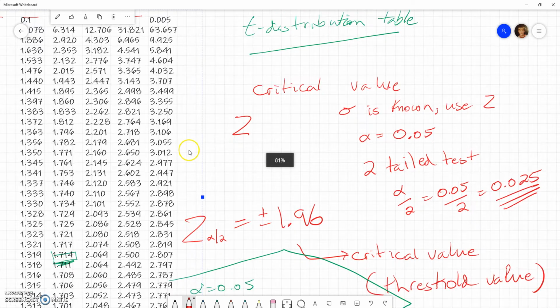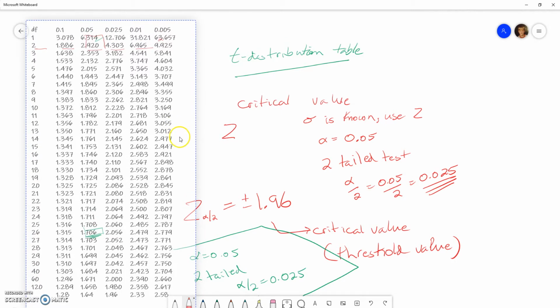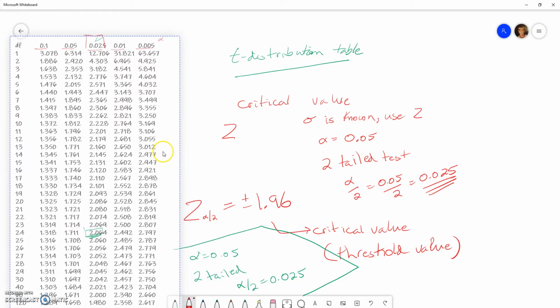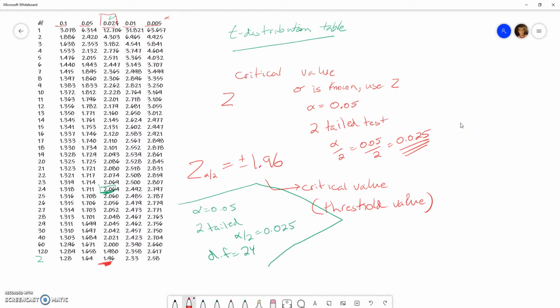Let's bring that down. Let's write this over here in black. So this is the hypothesis test. Alpha is 5%, and it's a one-tailed test. So we don't divide alpha by 2 in this case, we just leave it. So 5% right in here, this column.